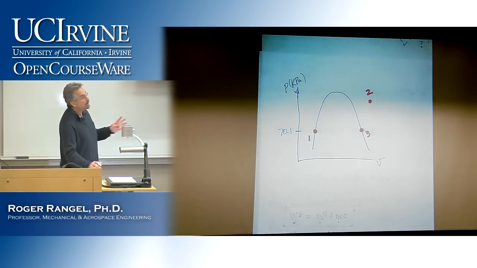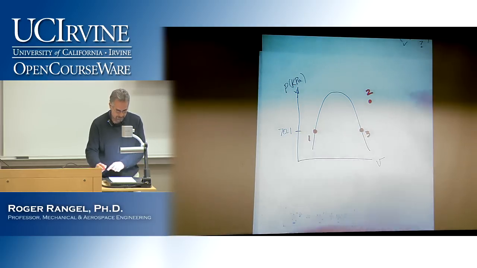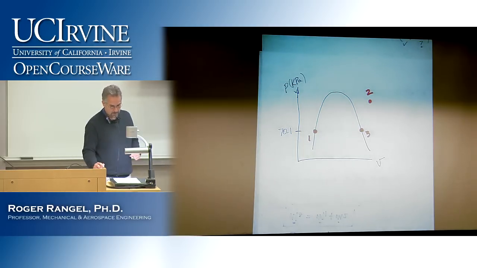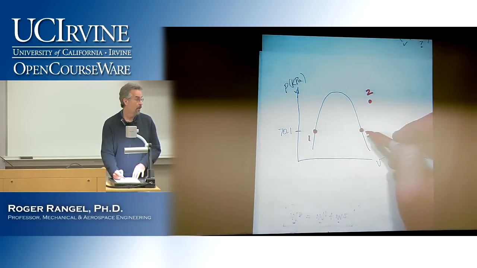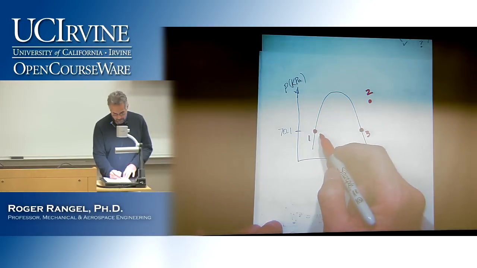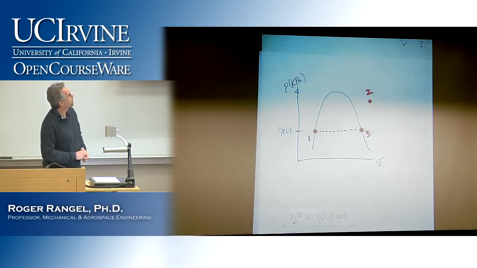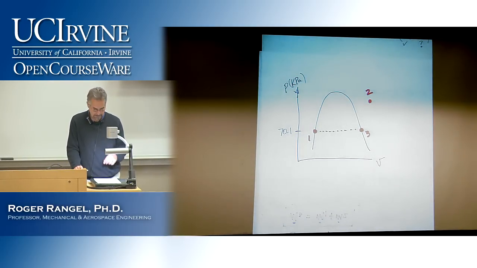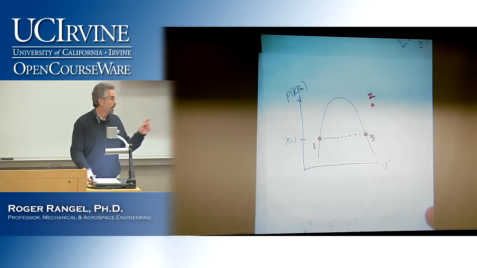So those are all the states at the inlets and outlets. So 1 and 2 are inlets, 3 is the outlet. We don't really need to join them in any way because we don't know exactly the process that 2 went through to go out to 3. This is maybe more obvious that it had to go across like that. But at least you can put on a PV diagram all the states of all of the inlets and outlets.